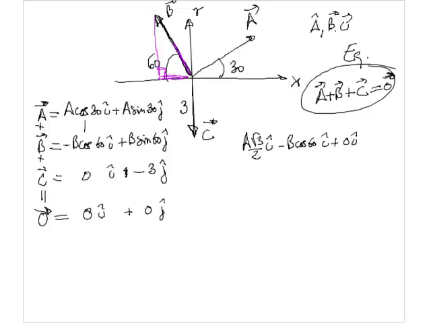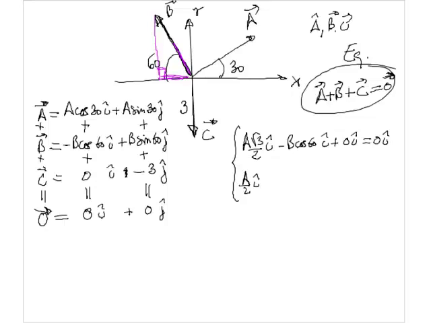Right? So now if I add this plus this, then I end up with 0. And similarly, if I add the j's, this plus this must give me 0 j. So now I have my second equation. A sine 30 is 1/2. Sine 60.